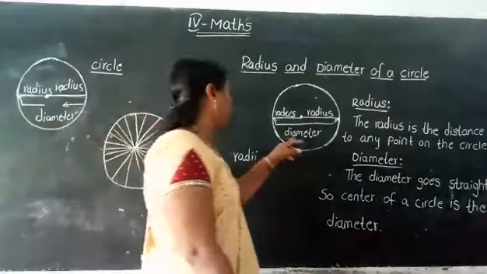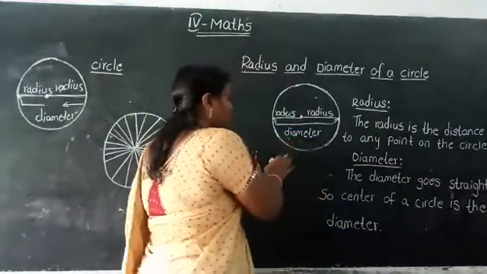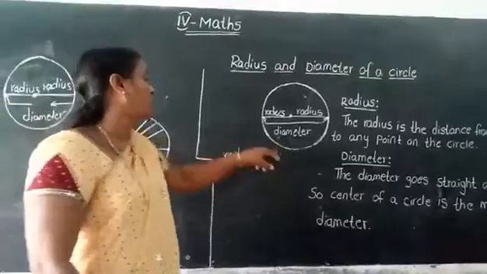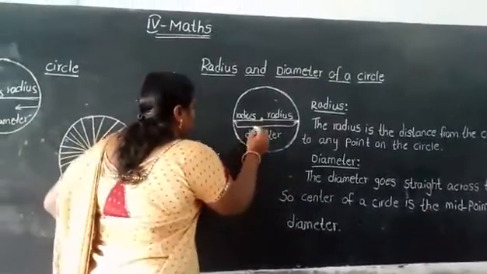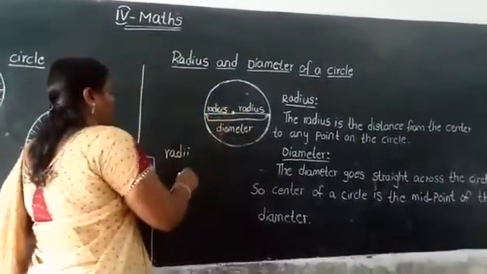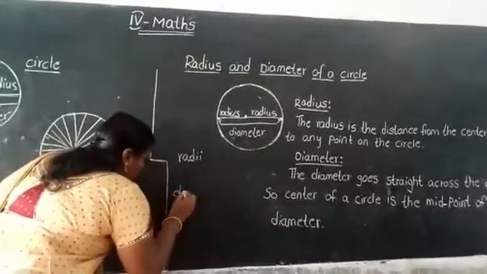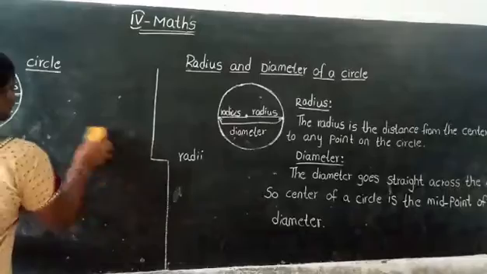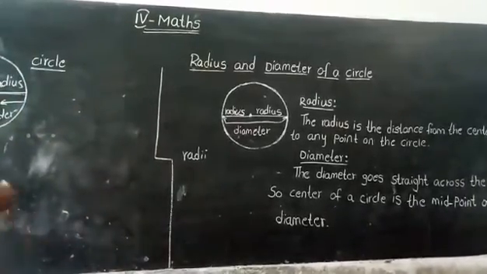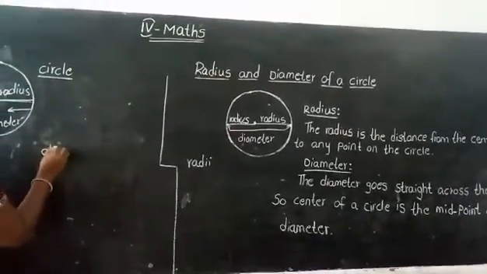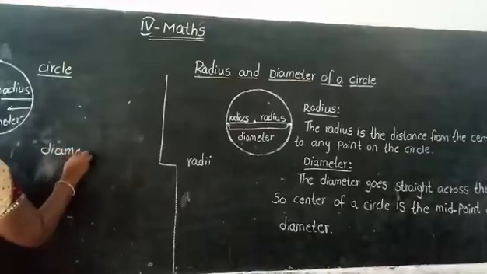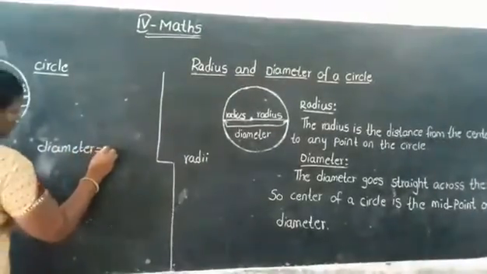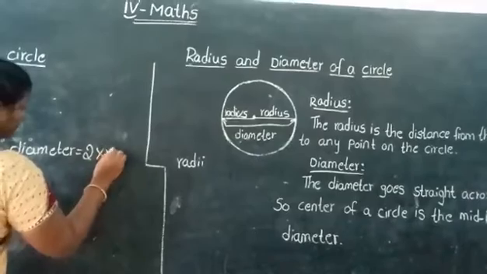And see diameter. The diameter goes right across the circle. So the center of a circle is the midpoint of the diameter. This is the diameter. See here what is diameter. Diameter equal to 2 into radius.